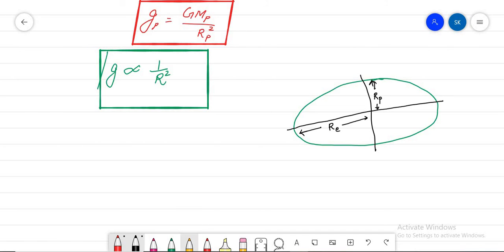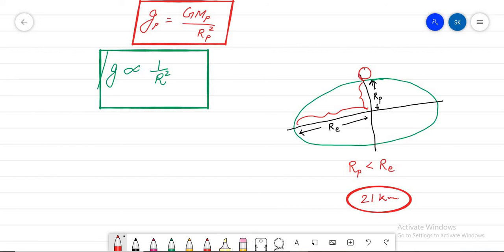If you take an object at the pole, obviously the radius of the pole is less than the radius of the equator, and it is almost 21 kilometers less than the radius of the equator.